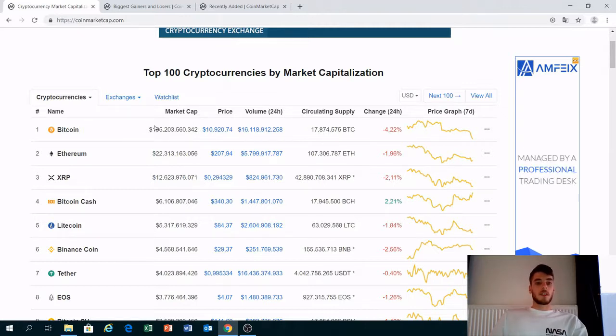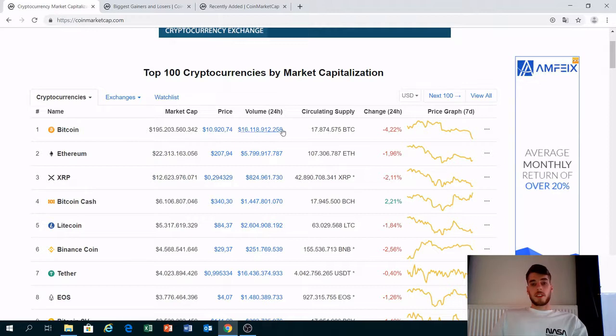So what is the market cap exactly? How do we get by this number? It's almost 200 billion. So we take the circulating supply, this 17.8 million bitcoins in circulation, times the price, 10,900, and we get to this number of almost 200 billion.